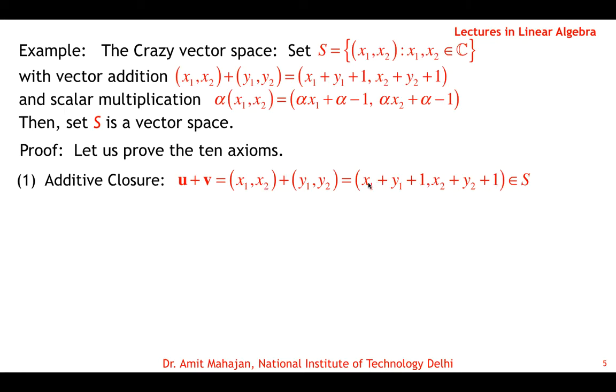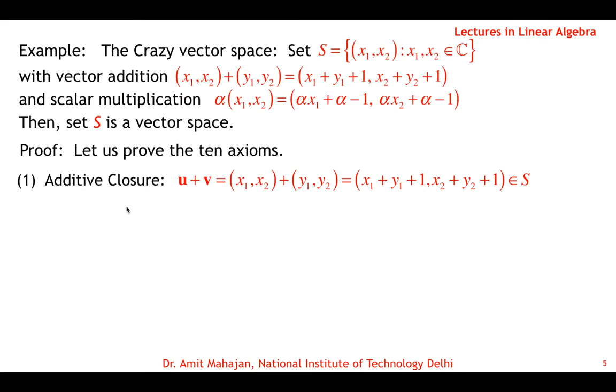Clearly, because x1, y1, x2, y2 are complex numbers, x1 plus y1 plus 1 is also a complex number, and x2 plus y2 plus 1 is also a complex number. So if two complex numbers are written in this form, then clearly they belong to set S. So if u and v are in set S, then their sum is also in set S. That's our first property of additive closure.